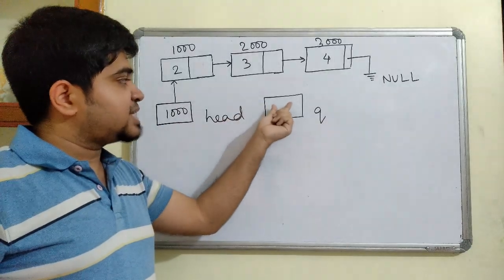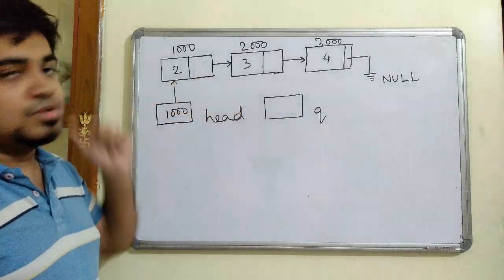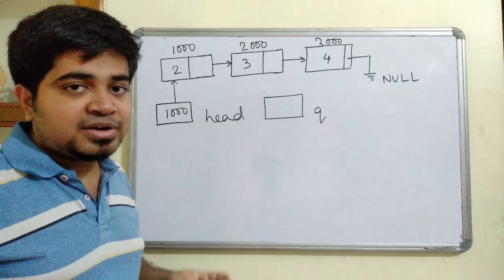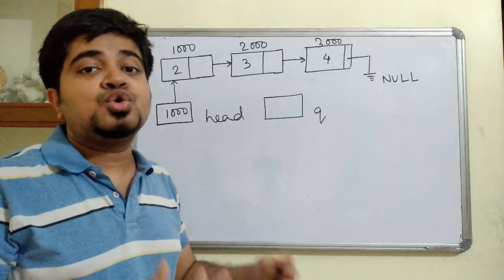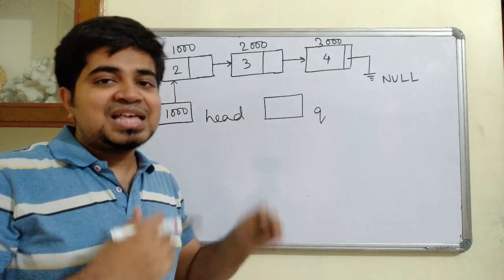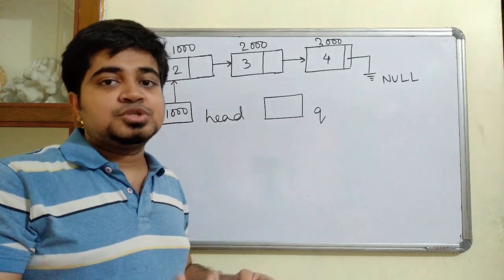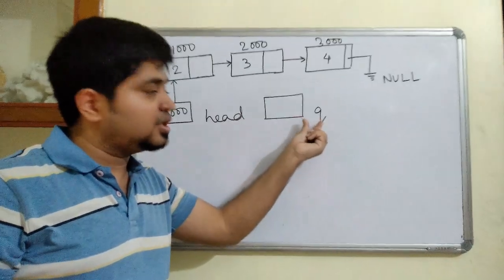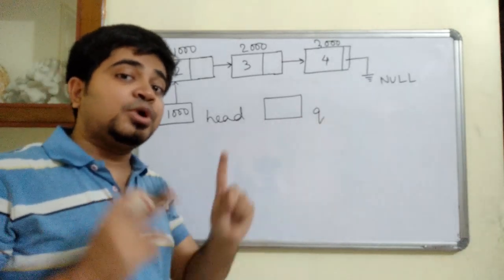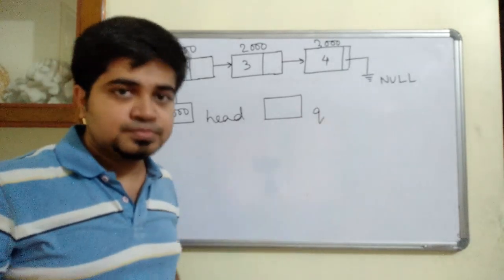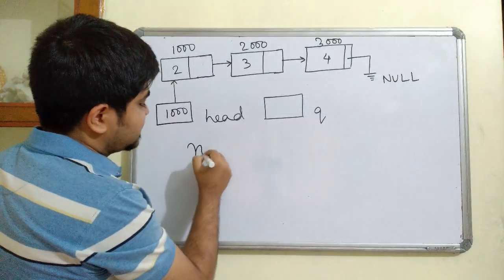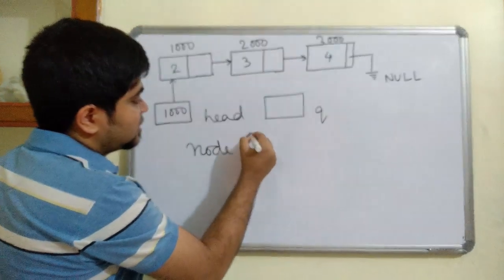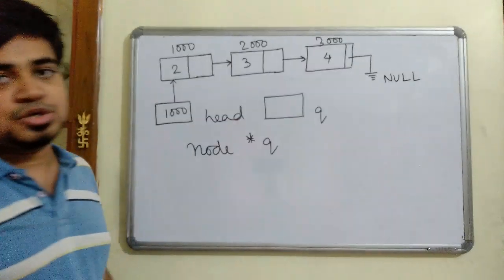This q is actually holding the address of the node, and the address that it's holding is a struct linked list type address or a node type address. As it is a node type address, we have to define a pointer q which is actually pointing to a node type value or node type structure. So how do we do it? We simply write node star q. This will do the job.